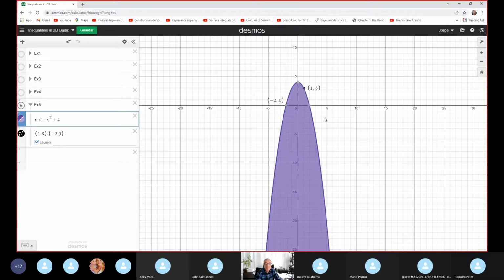This is the parabola, no? And the solution is the area inside the parabola because it's less than. When I copy and paste here, boom, we have a line, just a line, and the line cuts the parabola. It's greater than, so it is only the part that intersects the solution, okay? Okay, is it clear or not clear? And you have 2 points, which are negative 2,0 and 1,3.